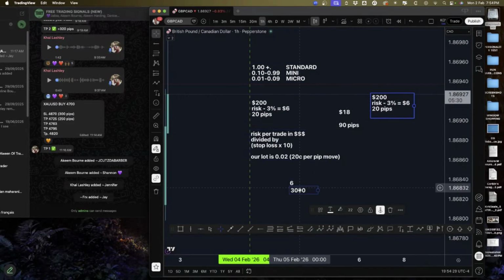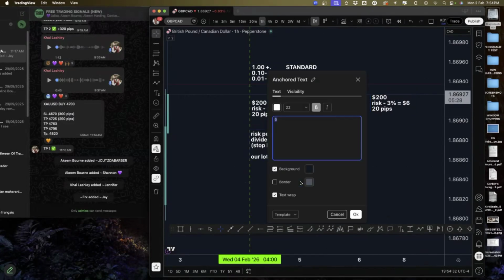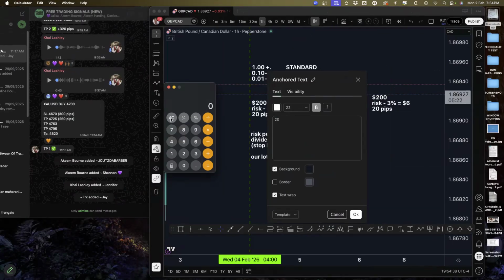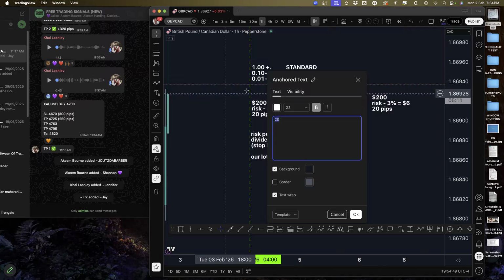Okay? Let's see if that's good enough. So this then means that it's 20 divided by 3,000. All right, 20 divided by 3,000. Still want to be able to take this trade. All right.